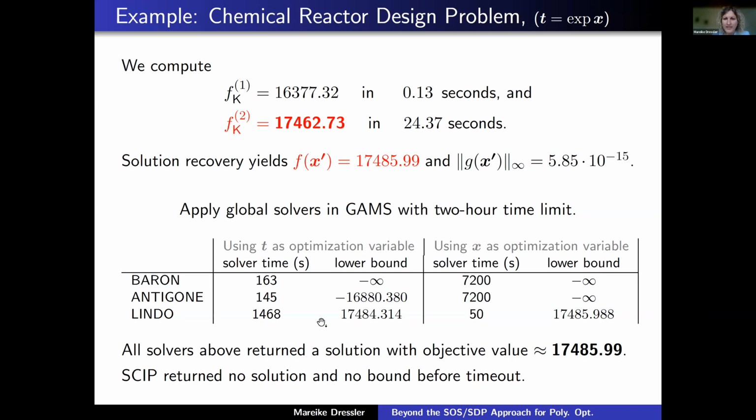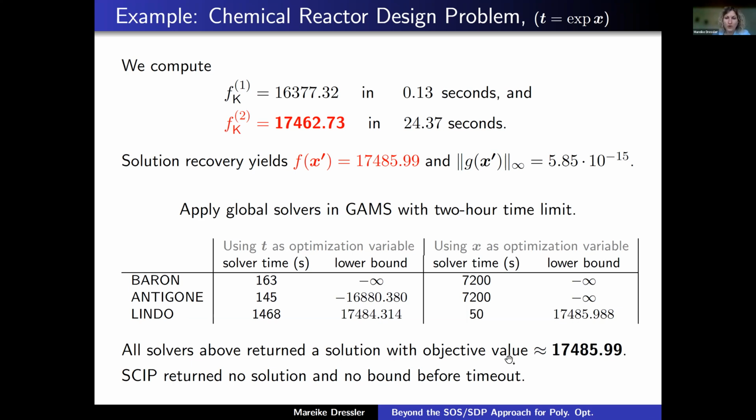And you can see the outcome of the solver times and the lower bounds in this table, but I would say the overall takeaway here is that SAGE produced the same solution as these solvers, but with a relative entropy program that could be solved in, I would say, half of the time of the fastest of these methods. And only with Lindo here, we were able to certify the solution as globally optimal.